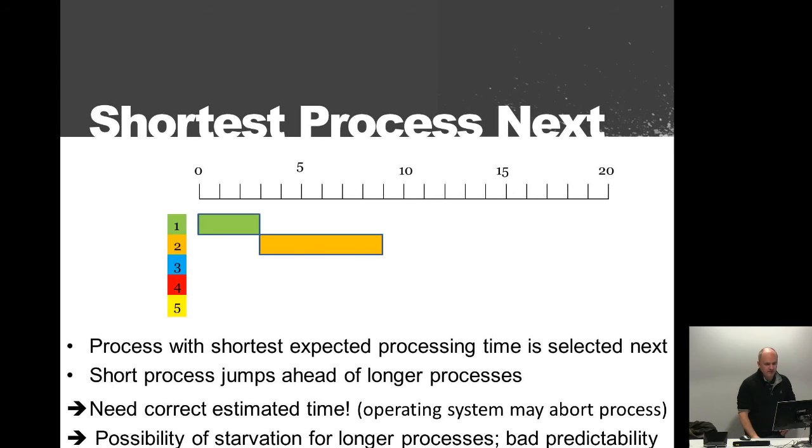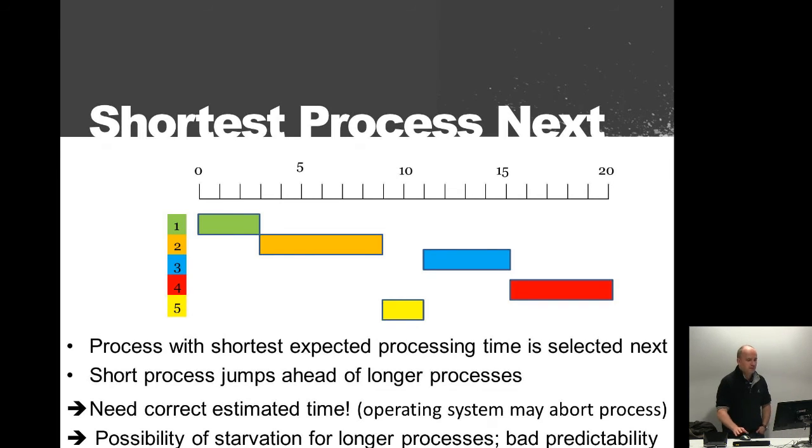So in our case, we will get something like that. The yellow one will just have to wait for the orange one to finish, and it's going to be processed in one go. The blue one, which started a very long time ago, has been overtaken by the yellow one.